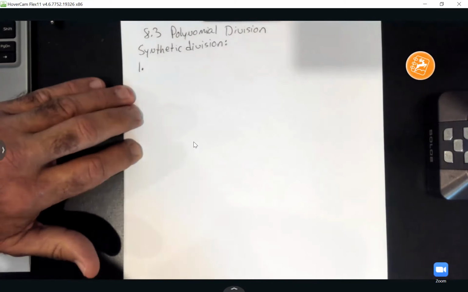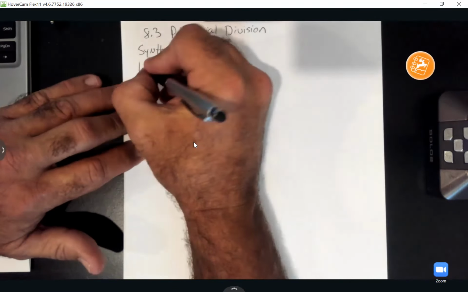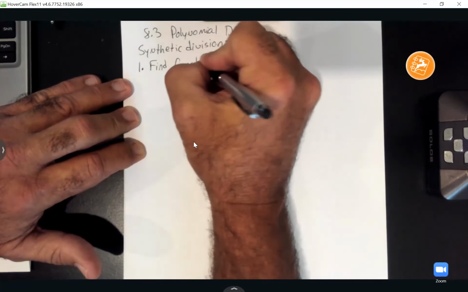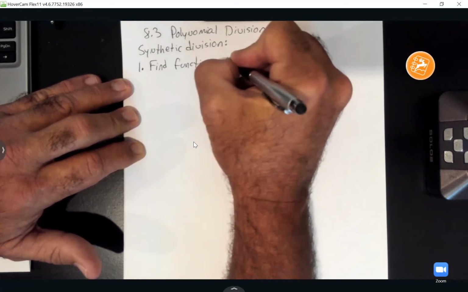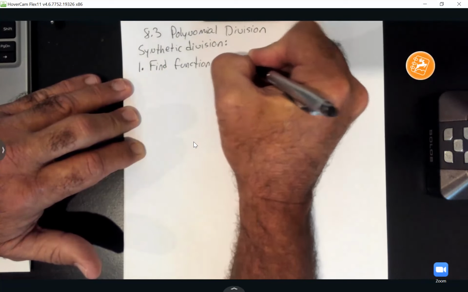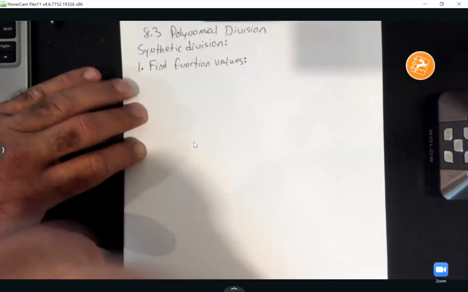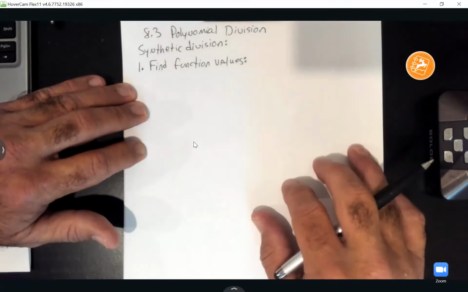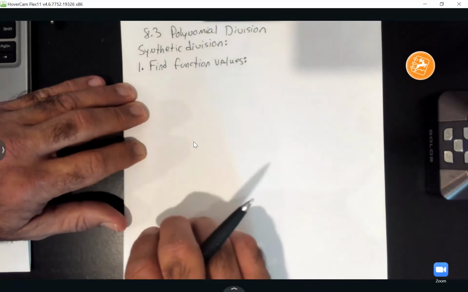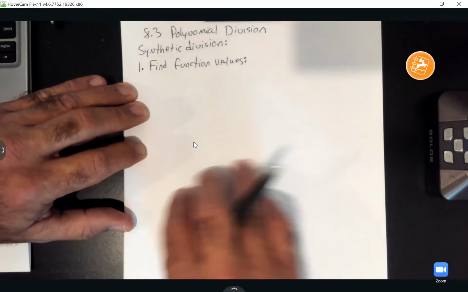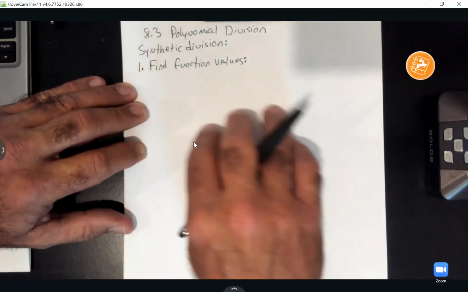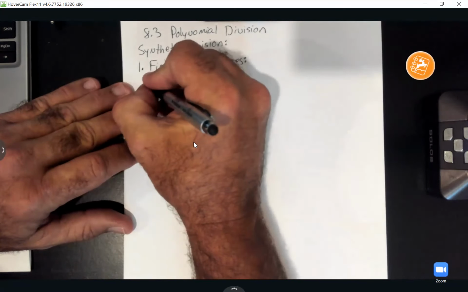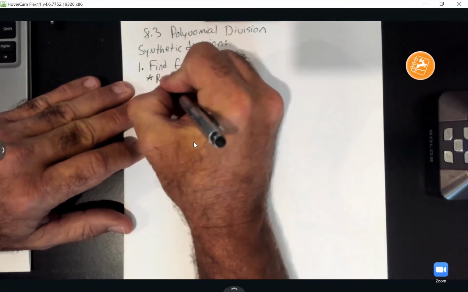The first thing I can use synthetic division for, I can use it to find function values. So what I mean by finding function values, I can use it to find stuff like f of 5 if they give me a polynomial. Normally, I have to plug in 5 and then do all that order of operations stuff, but I can use synthetic division to find these function values. And we got a little theorem that we call the remainder theorem.